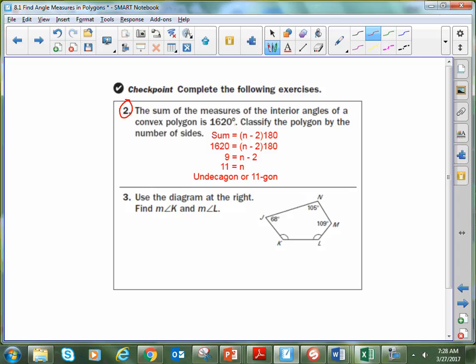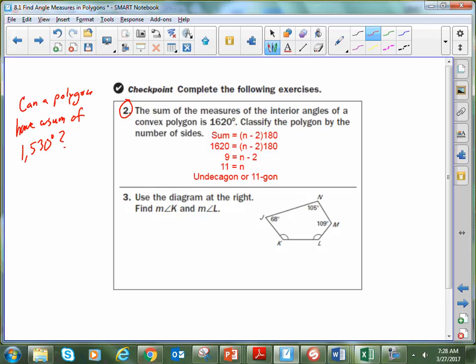So let's say we change the problem to say, can a polygon have a sum of 1,530 degrees?